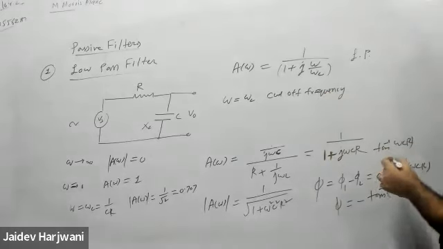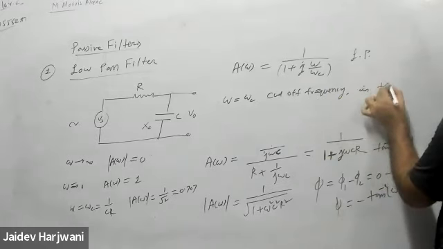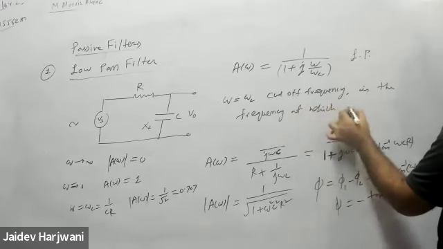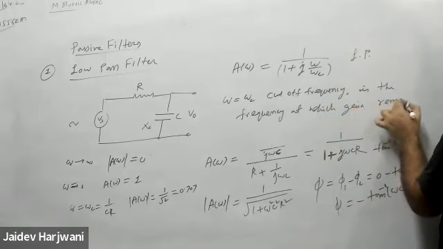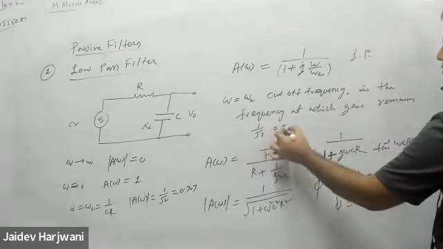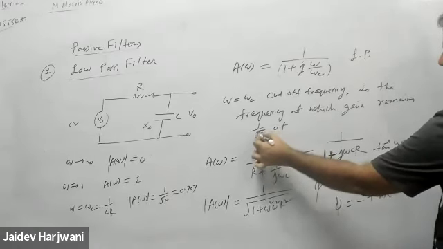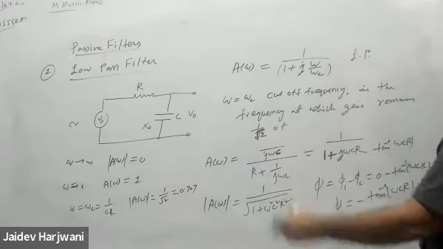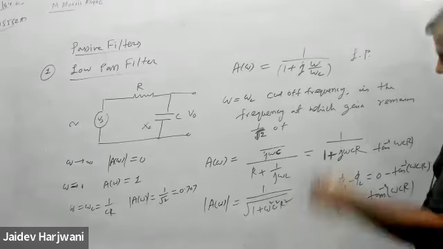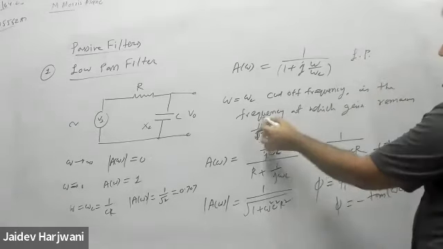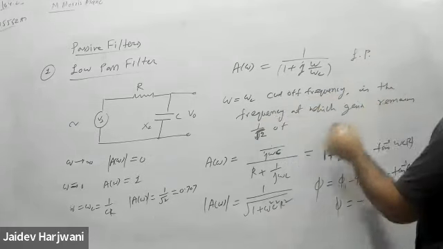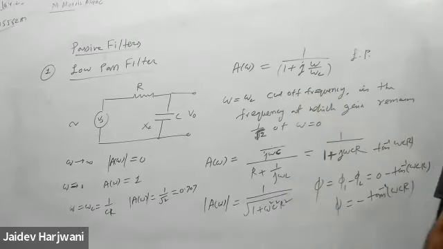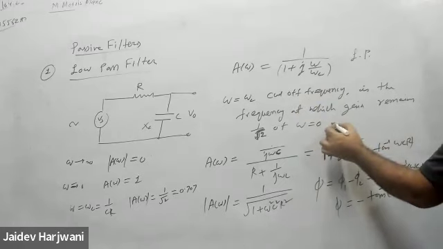So the cutoff frequency is the frequency at which the gain becomes 1 by root 2 of what? Of the zero frequency gain. For a low pass filter, it is 1 by root 2 of the gain at omega equal to 0.